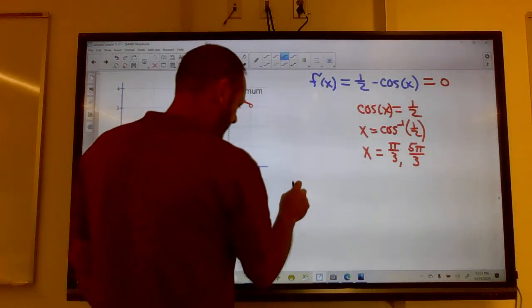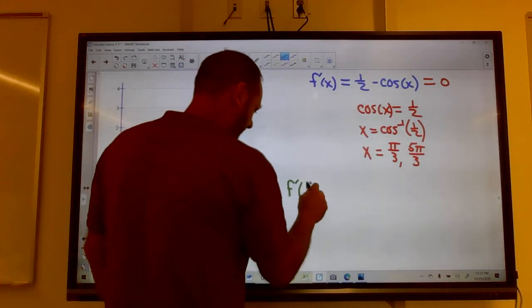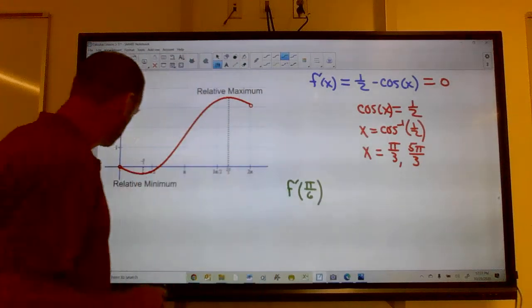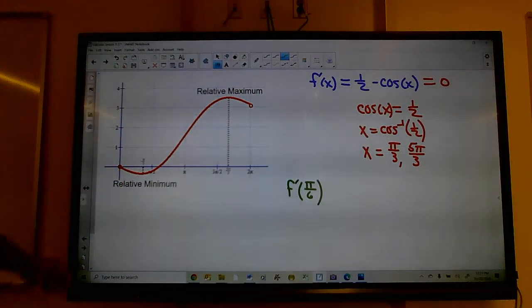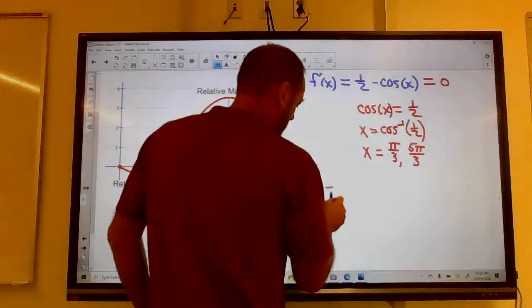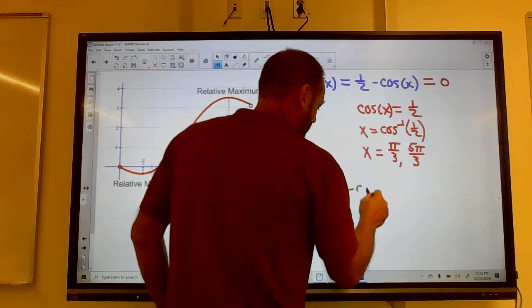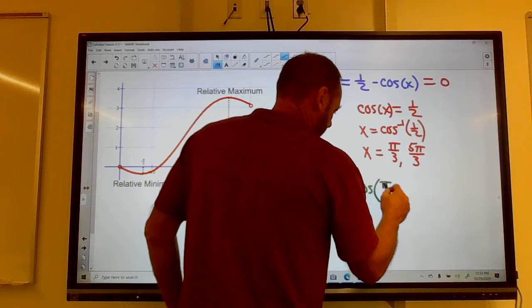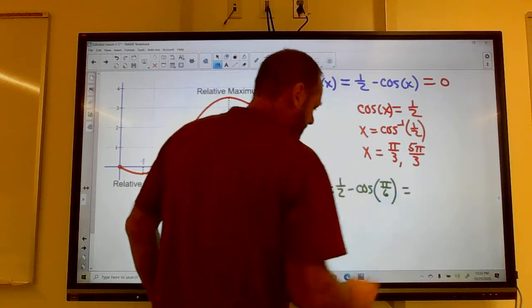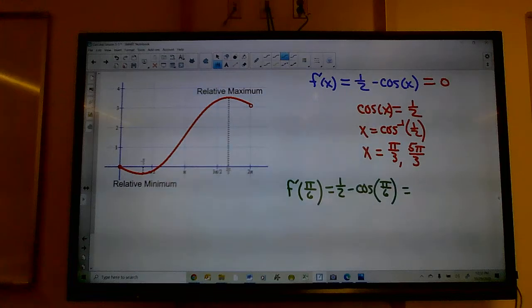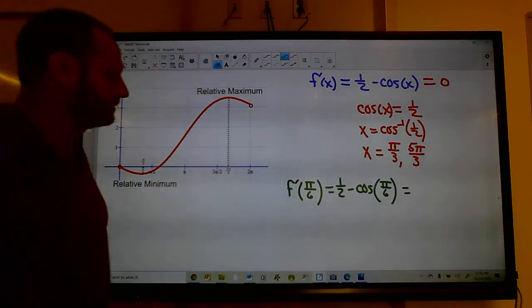Like let's find f prime of pi over 6. Okay, that should be right here. All right, so that would be 1/2 minus the cosine of pi over 6. All right, cosine of pi over 6 is going to be square root of 3 over 2.